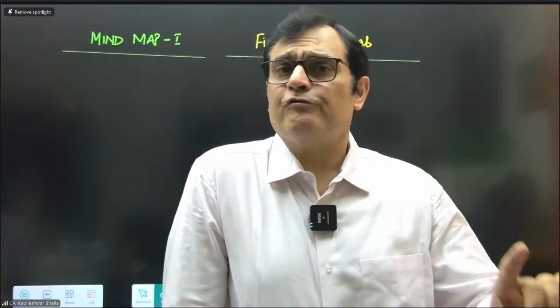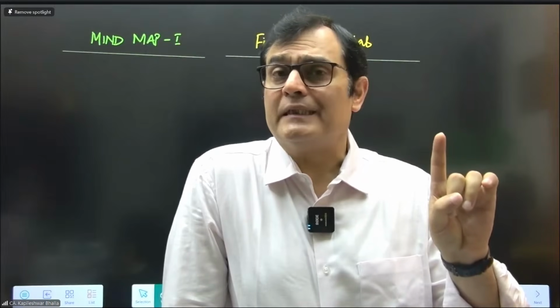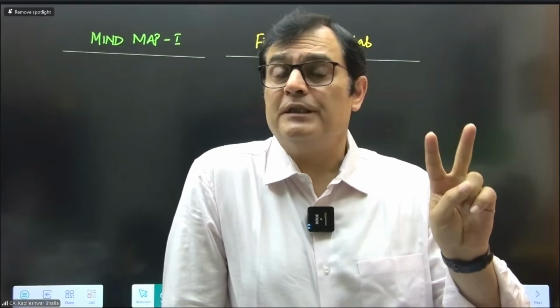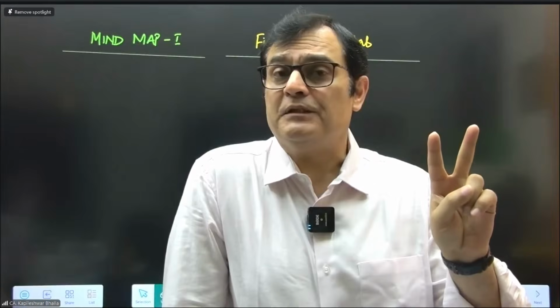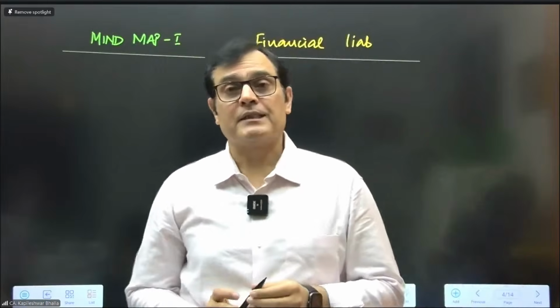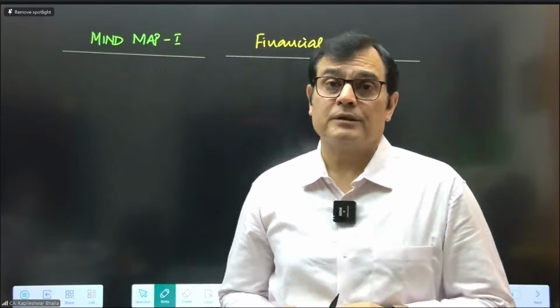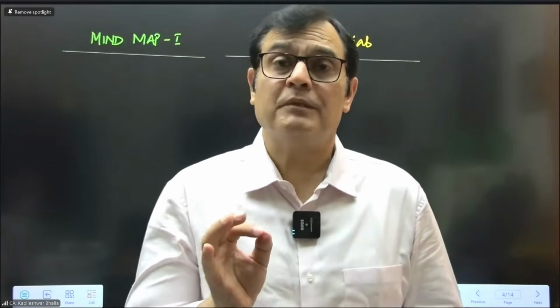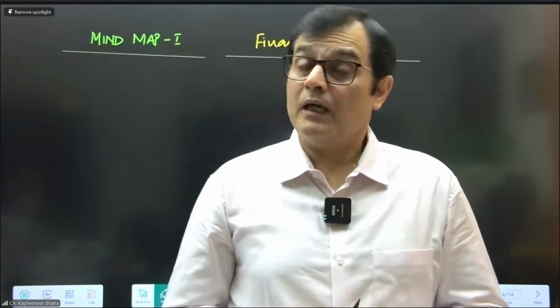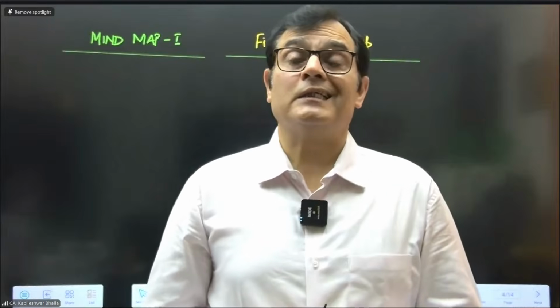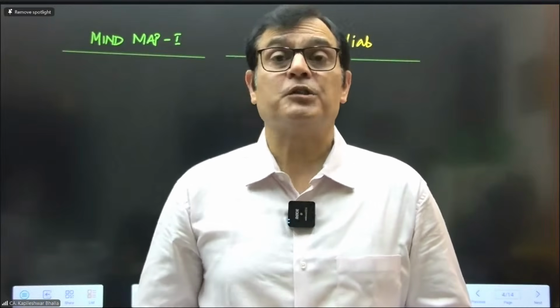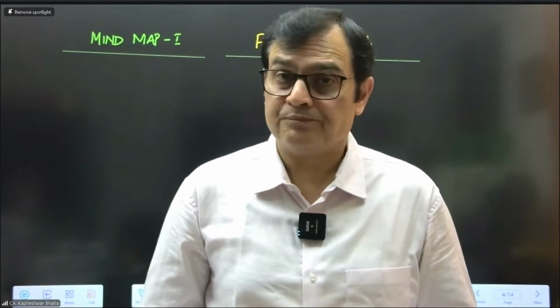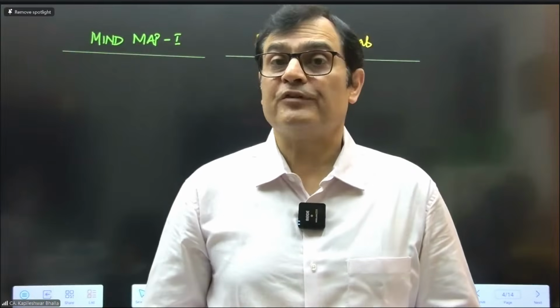One financial liability is supposed to be measured at AC, one is supposed to be measured at FVTPL. There's another one which is measured at FVTPL, but it is designated to be measured at FVTPL. Apart from that, we've also got contingent consideration, which is payable on a business combination. And there is also the concept of financial guarantee.